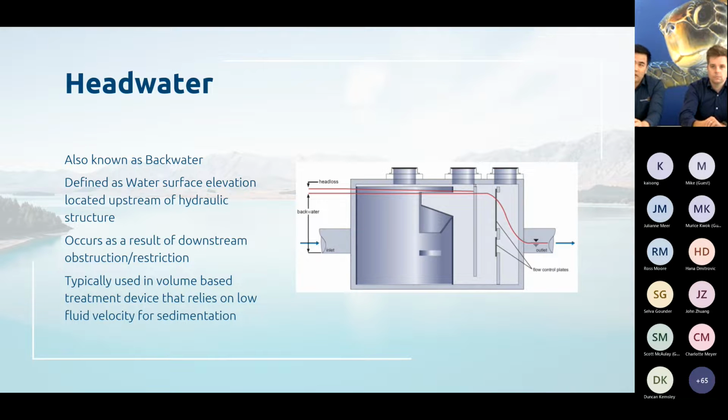The example here is a hydrodynamic separator. It's a vortex that uses that orifice and weirs to quickly raise the water level, which then reduces the velocity and promotes the sedimentation inside it.